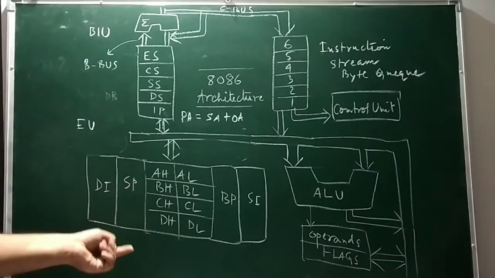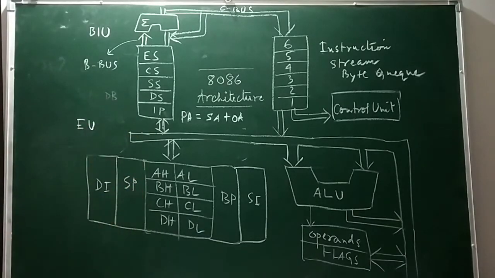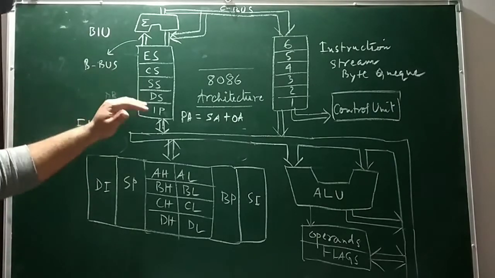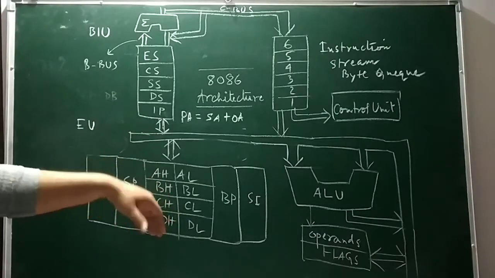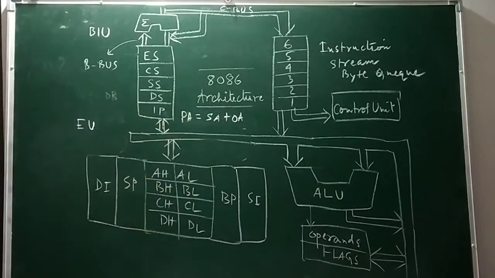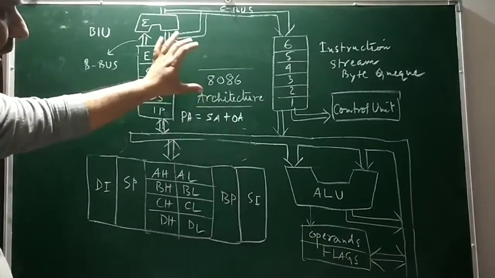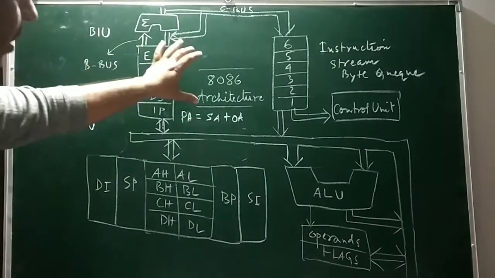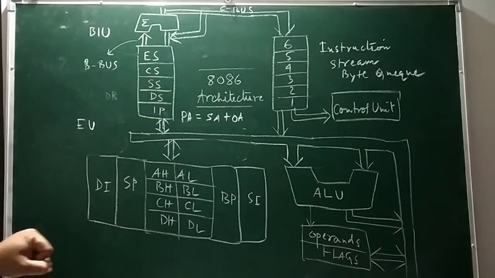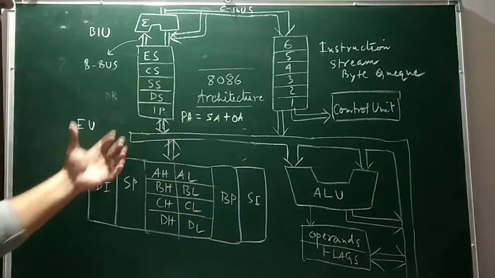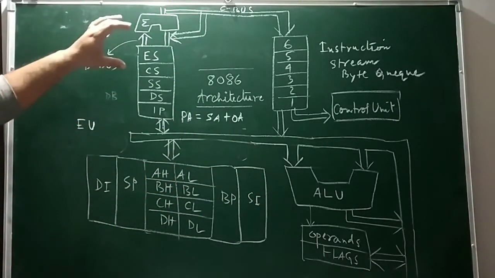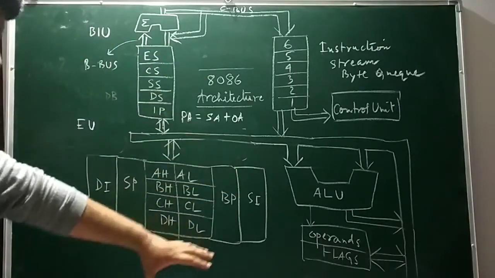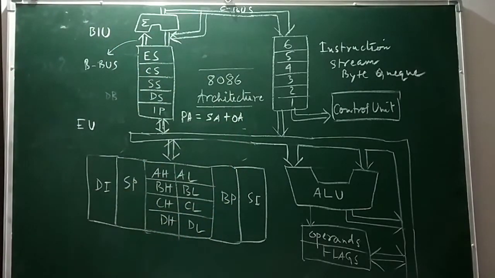The instruction pointer stores the memory location of the next instruction to be executed, because the 8086 architecture works on the principle of pipelining. When one instruction is being executed, another instruction is being fetched and decoded. So obviously the instruction pointer stores the memory location of the next instruction to be executed.